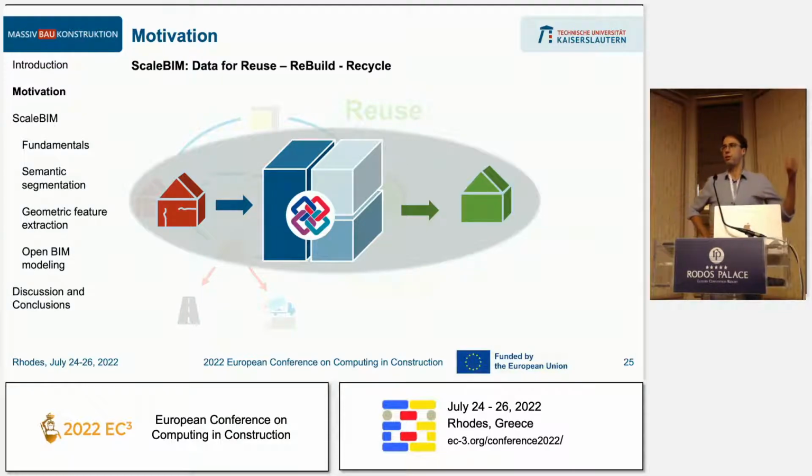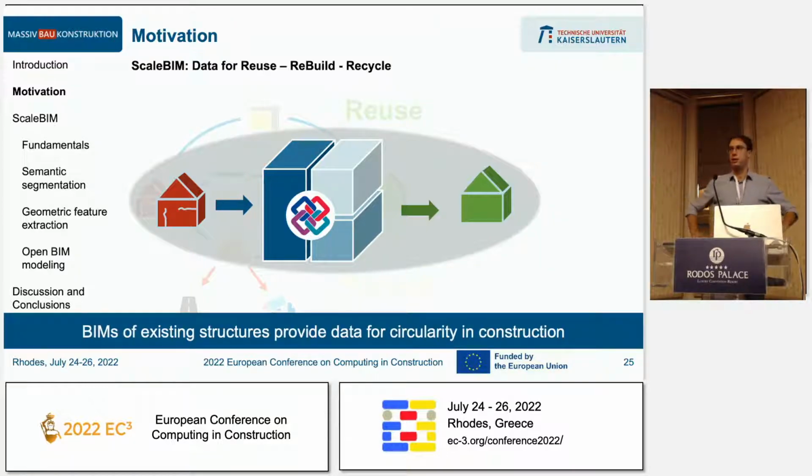Then for reusing components from the building, it's important to know what components are in the building for reuse, and that's the same case for materials and for recycling. So having a BIM of an existing structure is the essential basis for circular approaches in construction, in the end also to reduce CO2 emissions in construction.